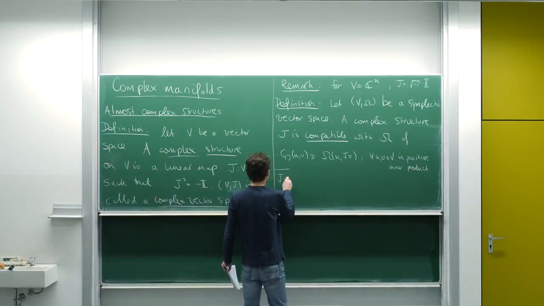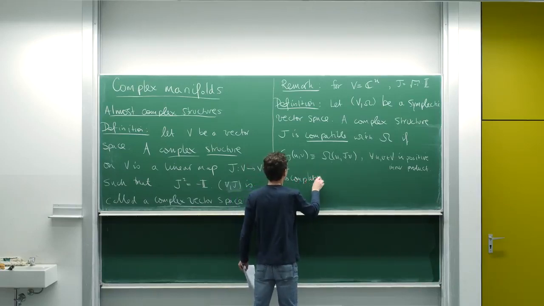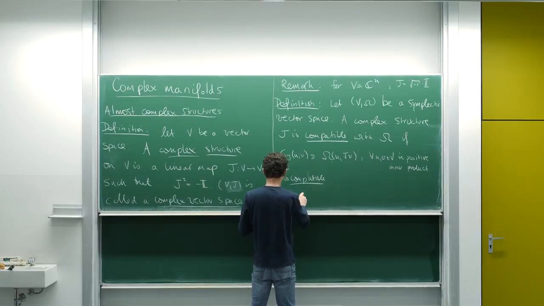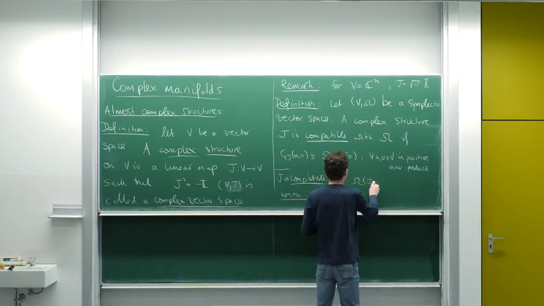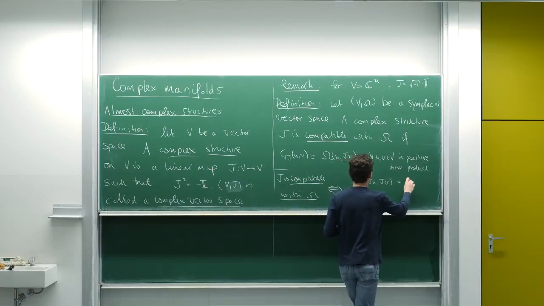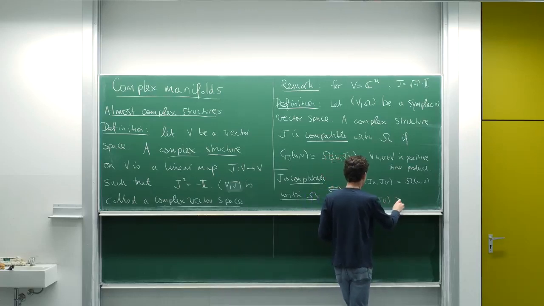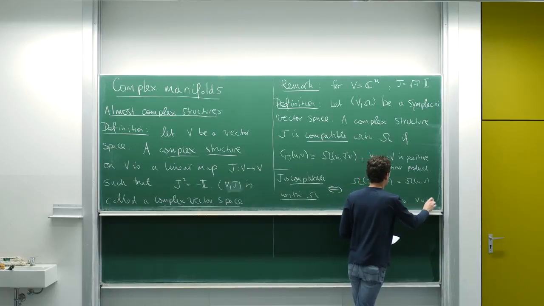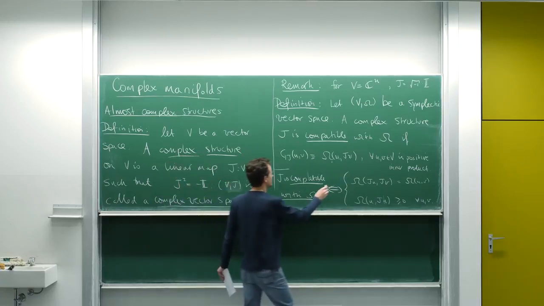And that in particular means J is compatible with omega if and only if... so there's a little exercise that this is an if and only if.